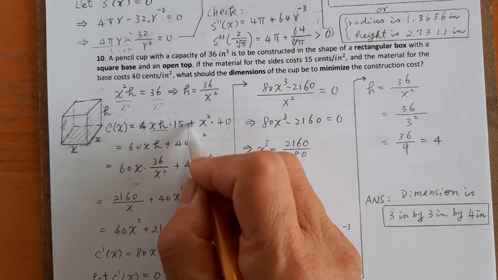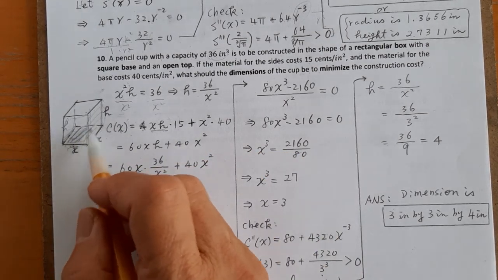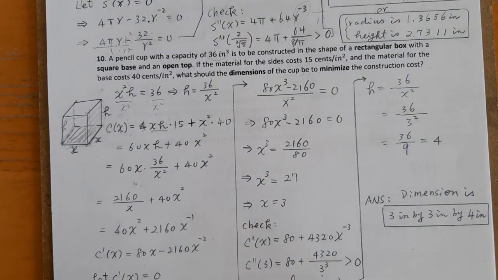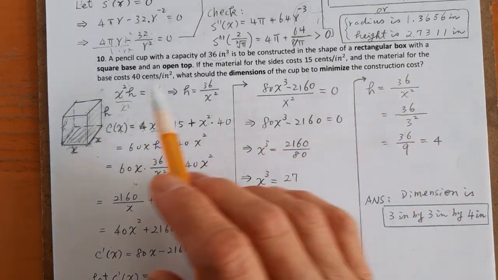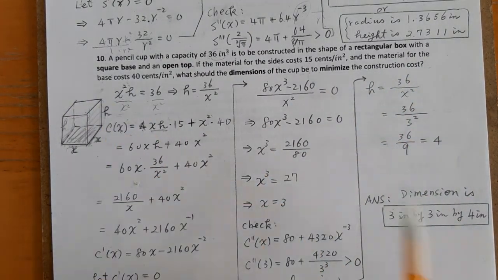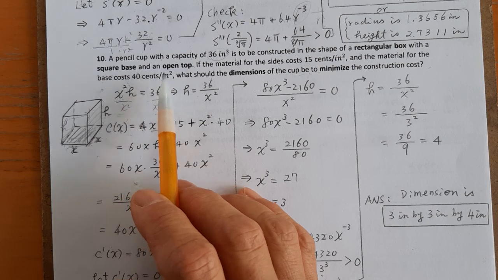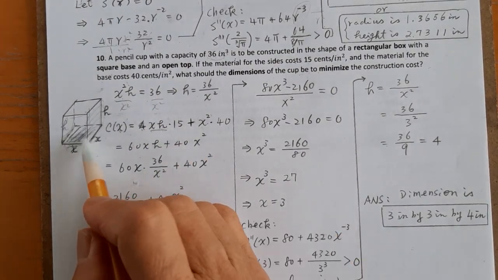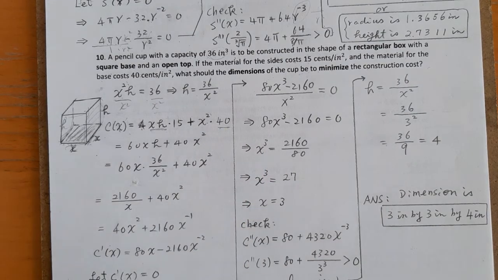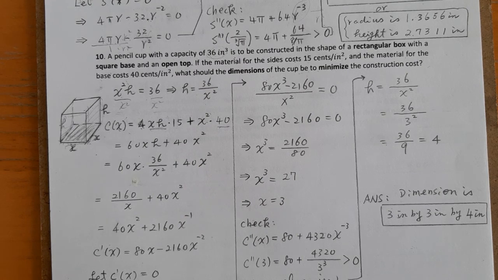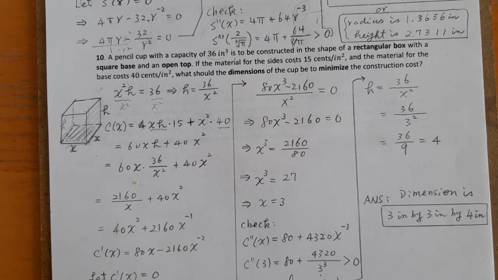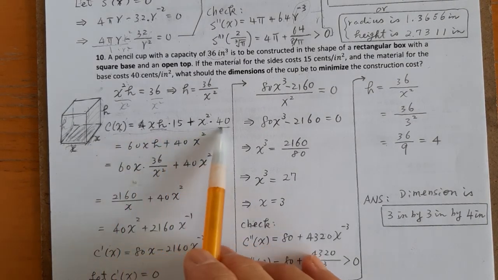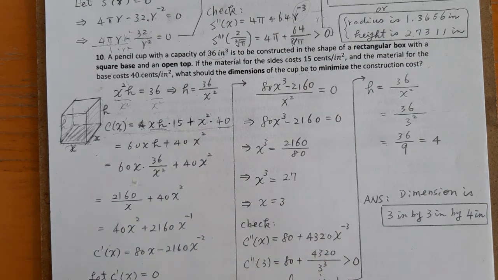Add the bottom, whose area is x squared. The material for the base costs 40 cents per square inch, so x squared is the base times 40 cents. There's no top, it's an open box. So that is the cost function, in cents.